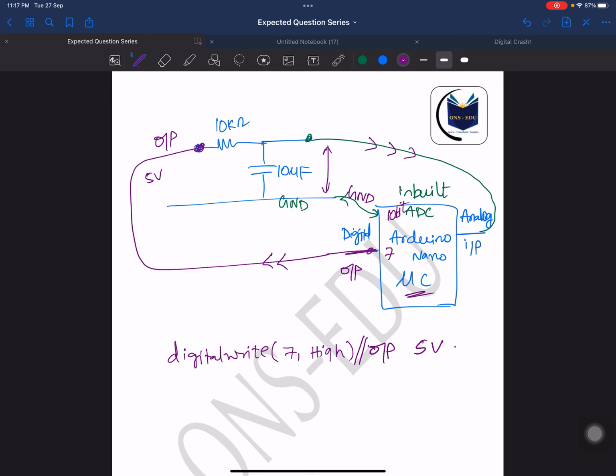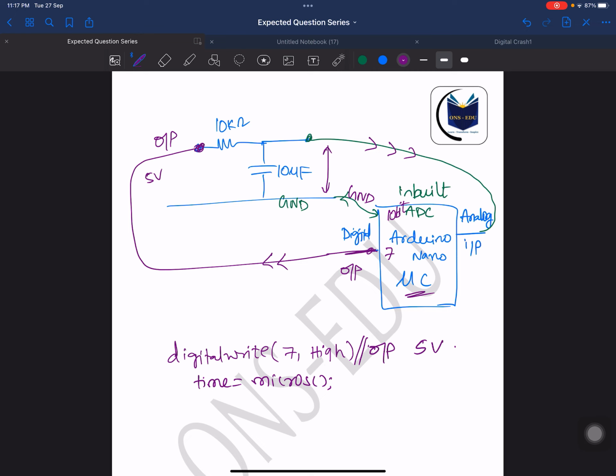I can start the timer, or instead there is a function called micros. I'll just say time equal to micros. It calculates the time in microseconds, and tells us exactly what the microsecond is at that instant.